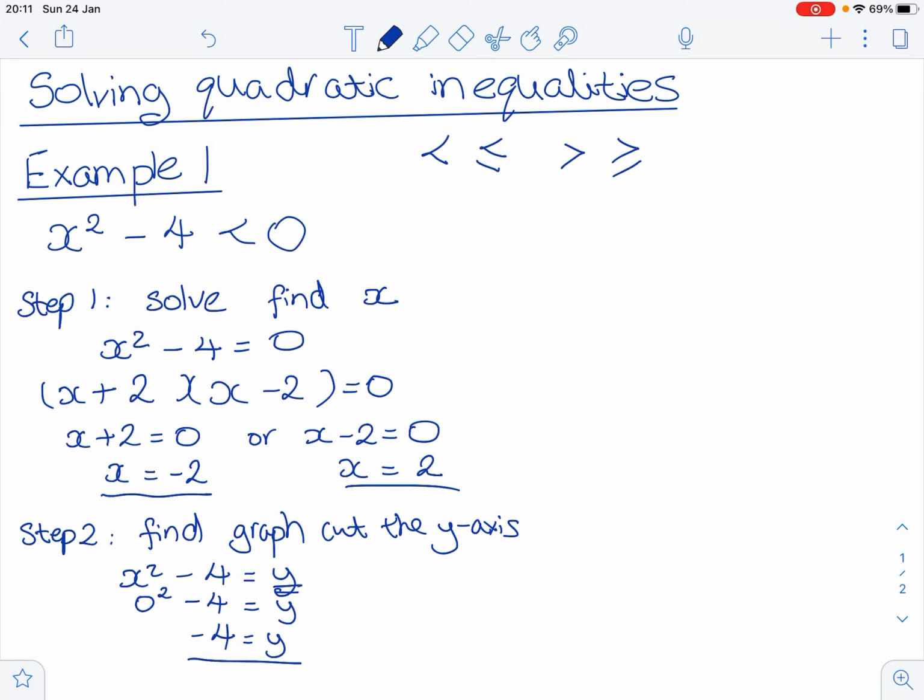So now we have our 3 key points. So step 3, we can sketch our graph. Sketch the graph y equals x squared minus 4. So this is our x-axis and y-axis.